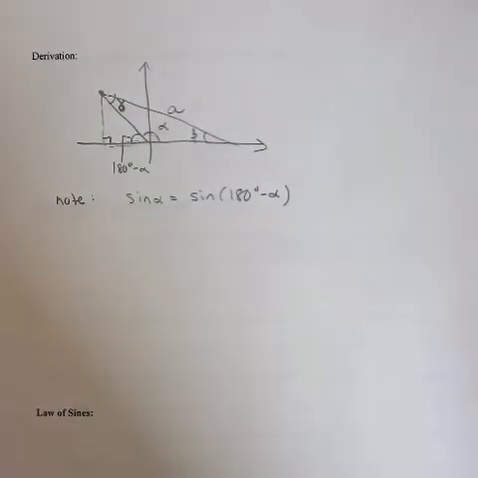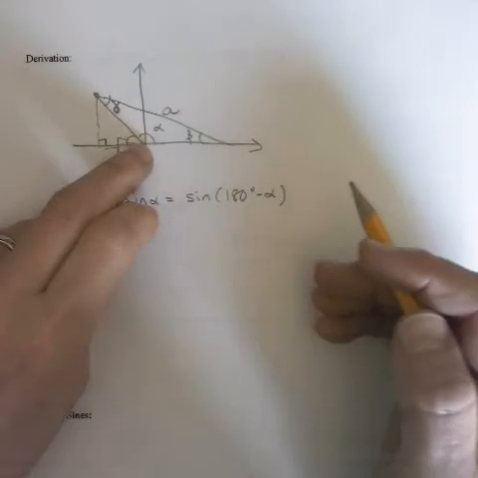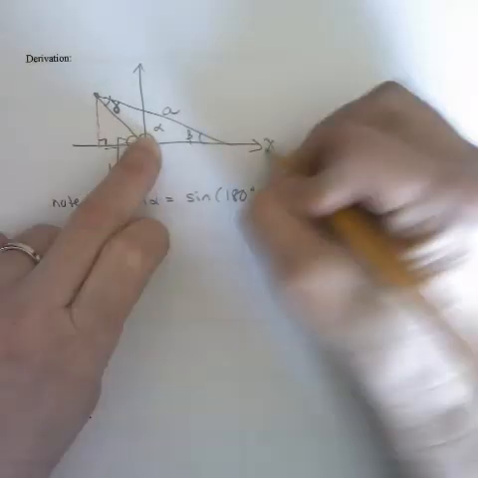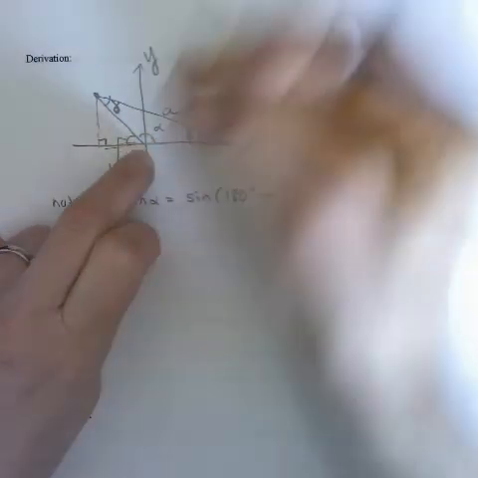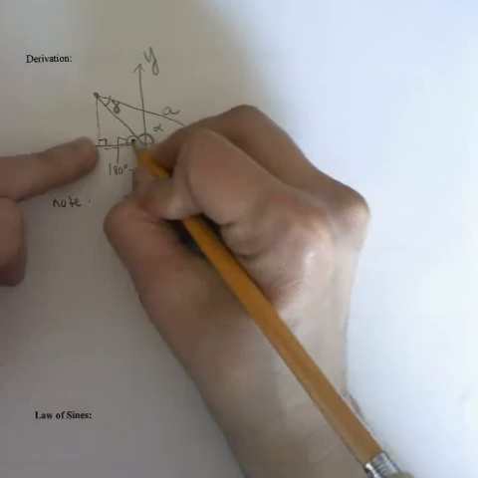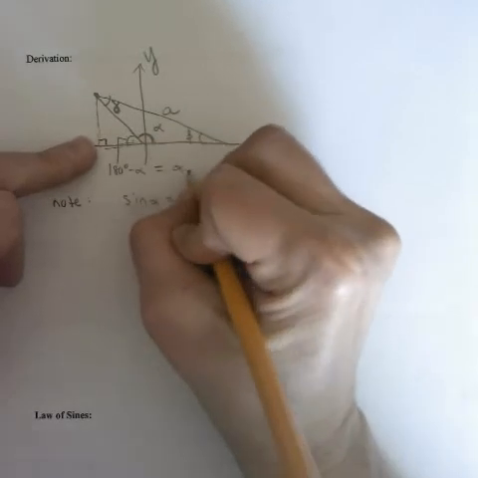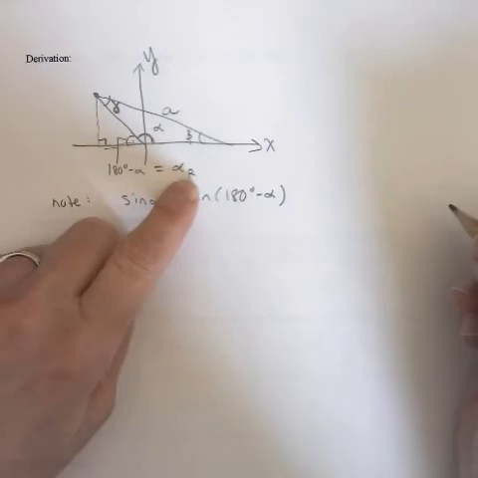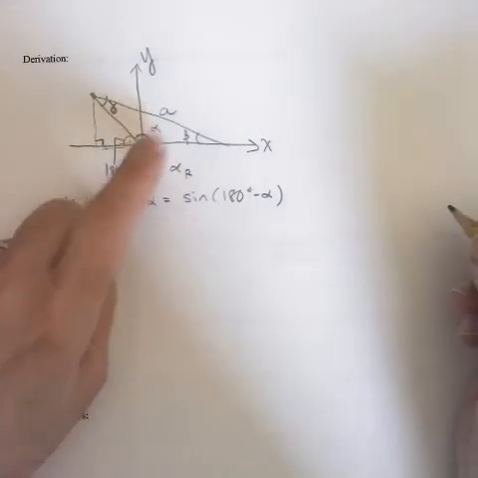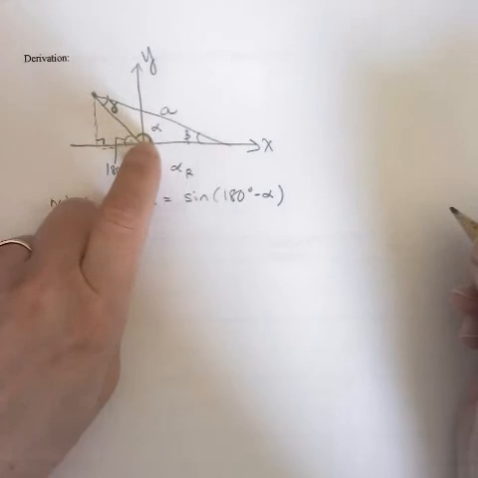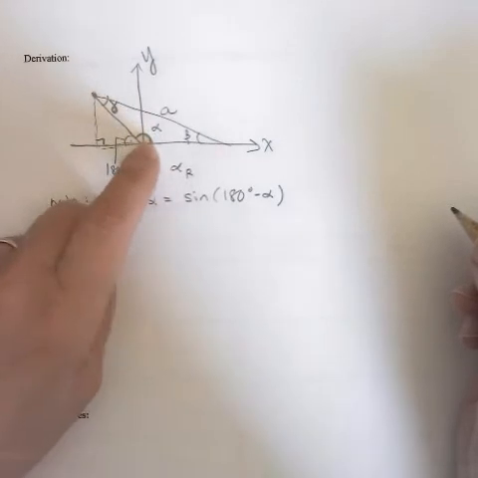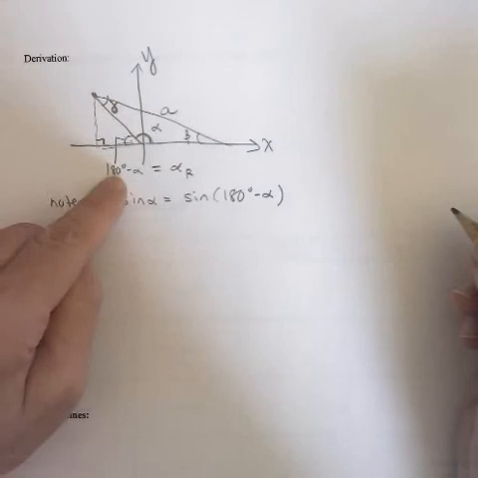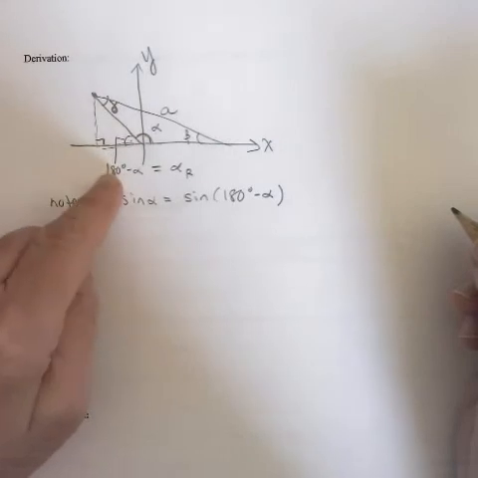So, I put this in the xy plane here, right? Alpha. So this is the reference angle of alpha. And of course the reference angle is an acute angle. These have the same sine because, let me go back. Like I said, this angle is acute, so the sine will be positive.